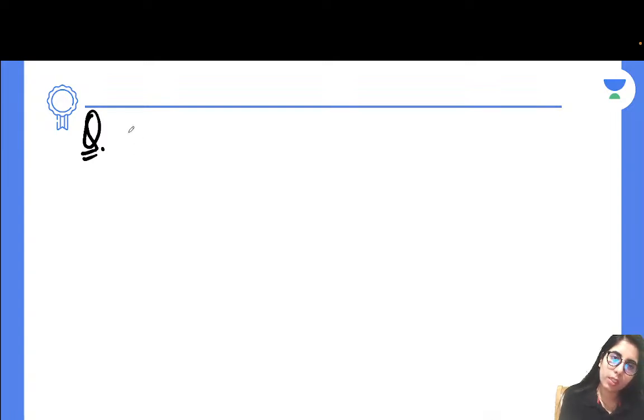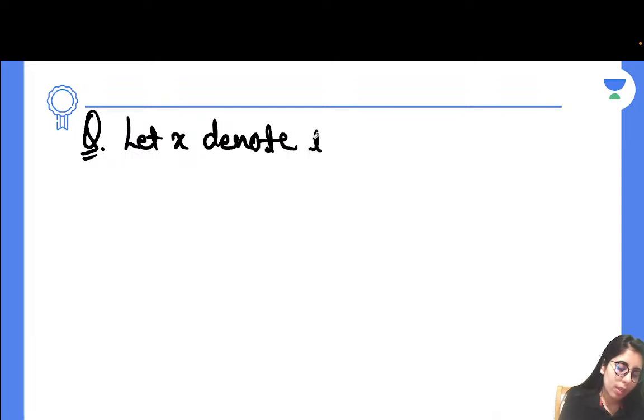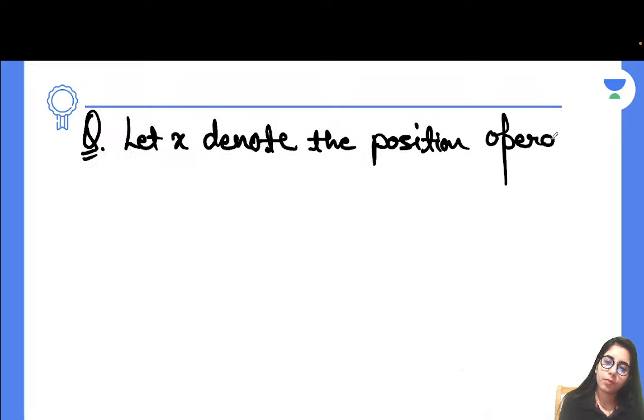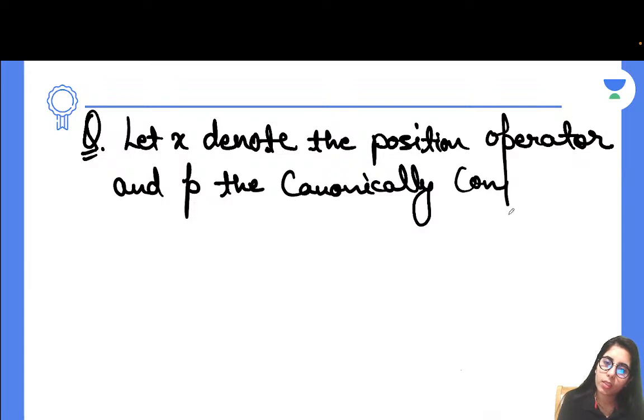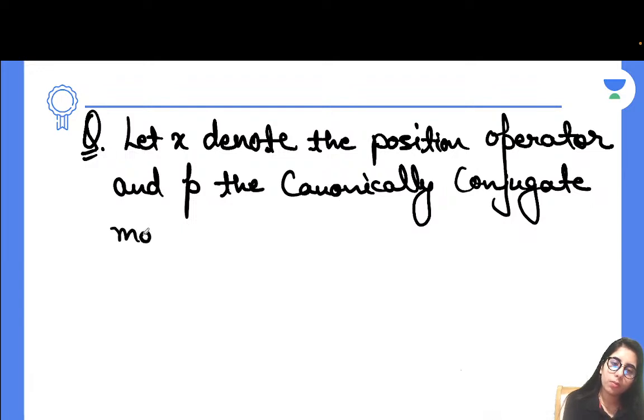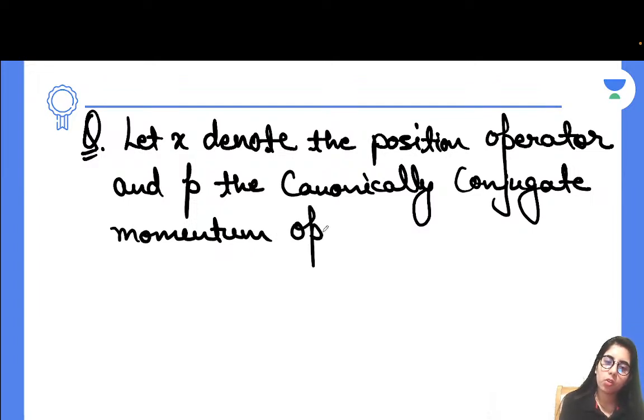So our next question is: let X denote the position operator and P the canonically conjugate momentum operator of a particle.